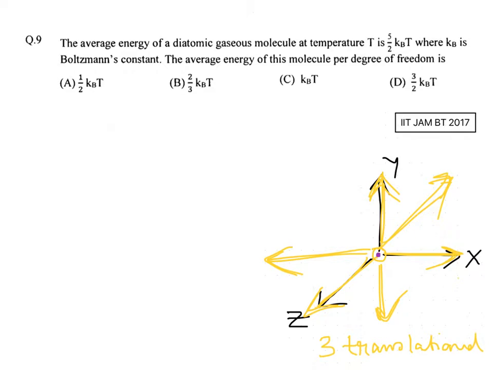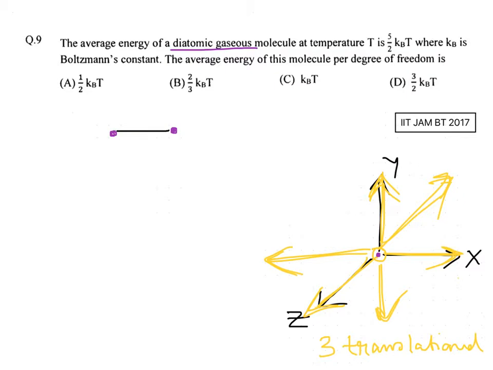Now, if we talk about a diatomic gaseous molecule, degrees of freedom is the number of free motions. So in case of diatomic gaseous molecules, let us first draw the two atoms, and they are connected by this bond.